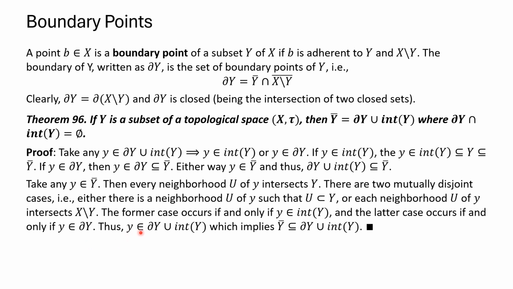Thus, y is in the union. It's either this happens or this happens, so y is in the union, which implies that the closure of Y is a subset of the union of the boundary of Y with the interior of Y. And I'll leave the last little bit for you to prove, that the intersection of the boundary and the interior is empty. You can figure that out just from the definitions up here.